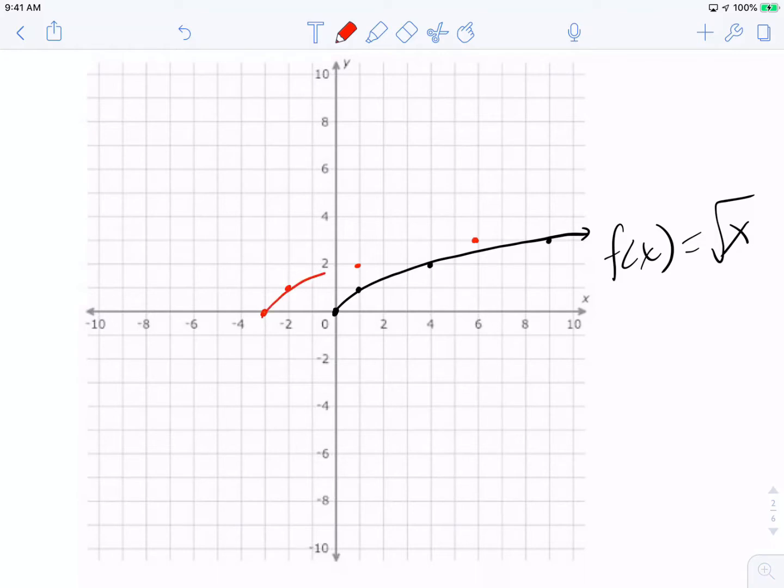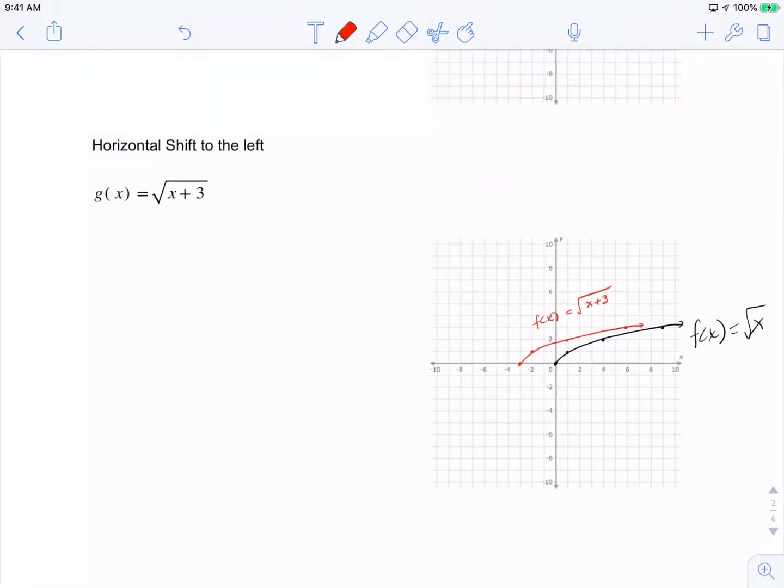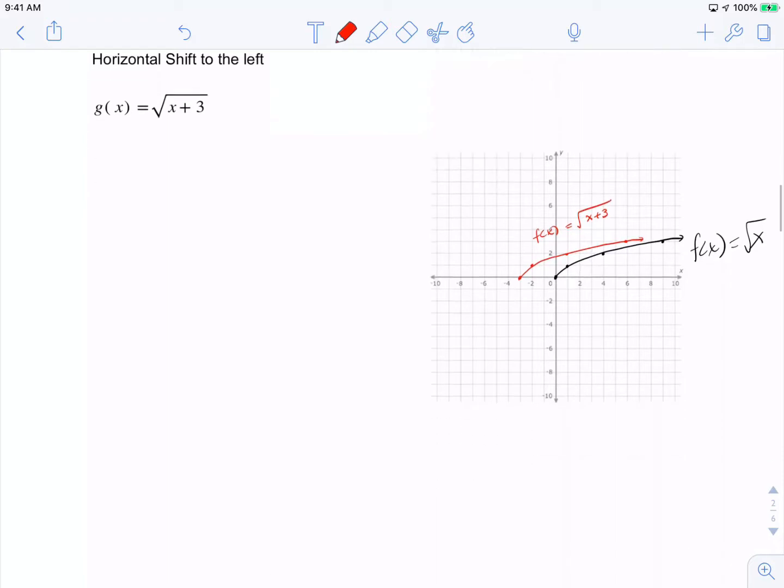And we see that this function is going to look basically identical to our parent function. It's just being shifted. So this is f of x is equal to the square root of x plus 3. Again, it's just the opposite sign. So that's our shifts up and down and our shifts to the left and right.